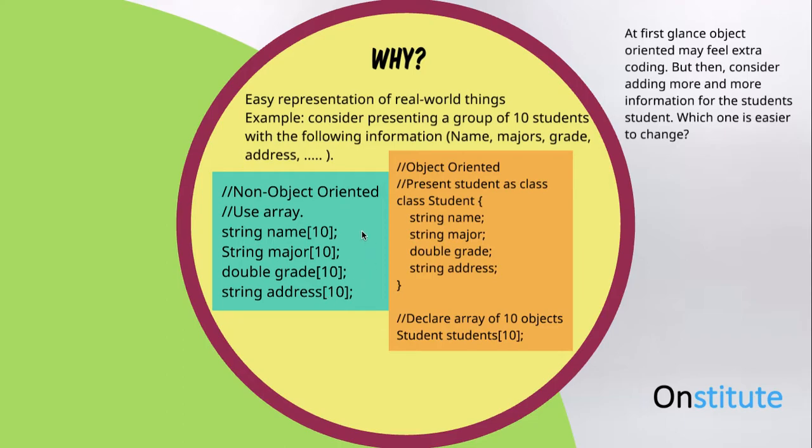You have to use hundreds of different arrays to represent all those hundreds of different pieces of information of a student, which is really not feasible. And on top of that, for each of those hundreds of arrays, you have to take care of their looping, you have to take care of their data type in a separate way.